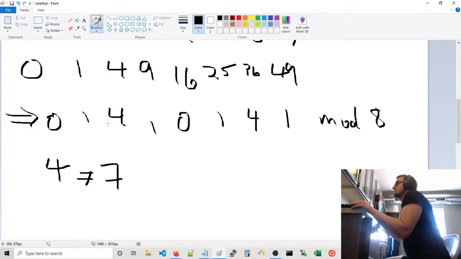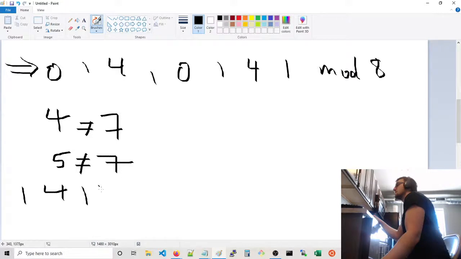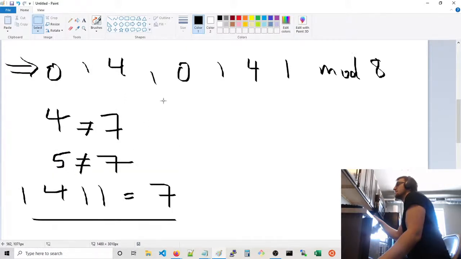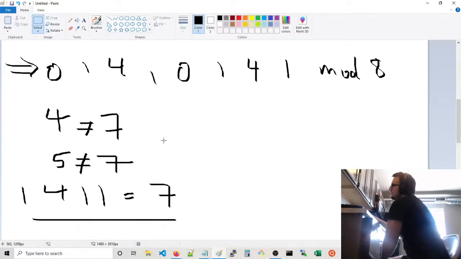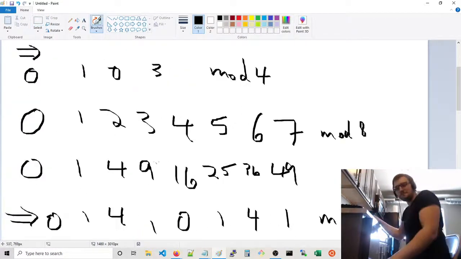With 2 perfect squares, you can only get a maximum of 5, which is not 7 mod 8. But with 3, you can go 1, 4. Oh no, excuse me. Actually, 3 won't make it. You need 4 squares to get you to 7. 2 squares won't get you there, because the best you can do is a 4. You do 4 and 4, it goes back to 1. Do 4 and 1, it goes to 5, and obviously 0 and anything else is not going to matter. So you won't get to 7. That's why.